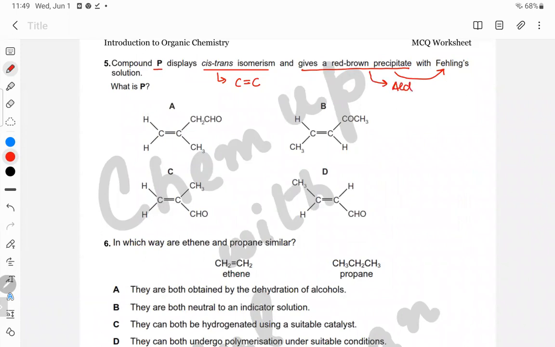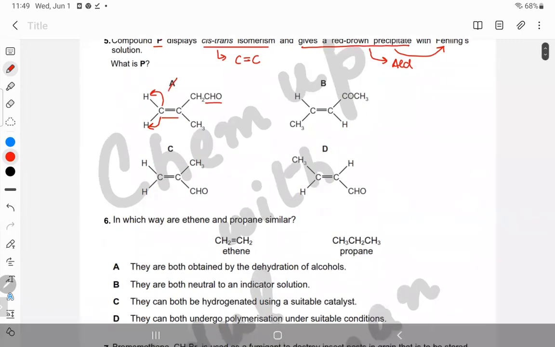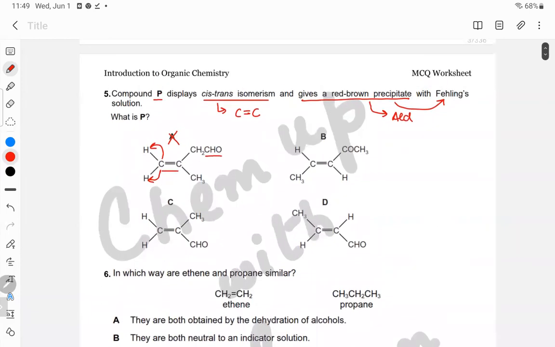So if you look over here, we have an aldehyde and a carbon-carbon double bond, but one double bonded carbon has two same groups. So it means it is wrong because it cannot show cis-trans isomerism. Here we don't have an aldehyde, so B goes wrong as well.